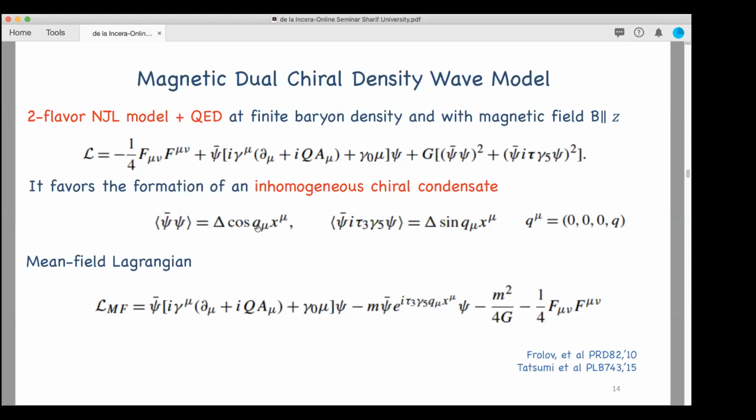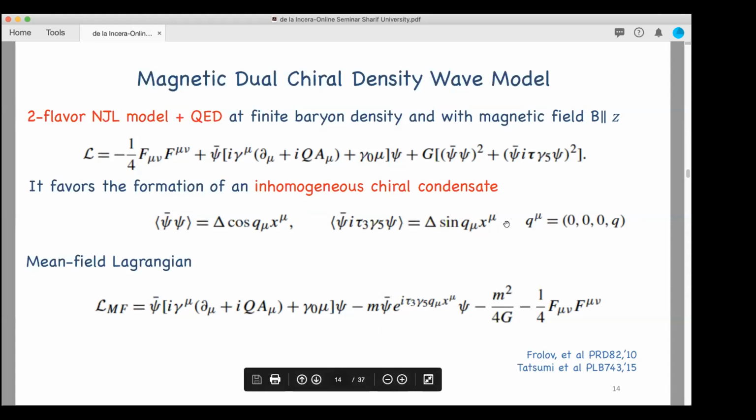Okay, and it's inhomogeneous, so you see that it depends on x. Actually, because of the magnetic field, this Q is preferred to be along the direction of the field, and we are taking the magnetic field in the z direction. So Q would be a vector only in the z direction. Q is actually a pseudovector, as you will see.